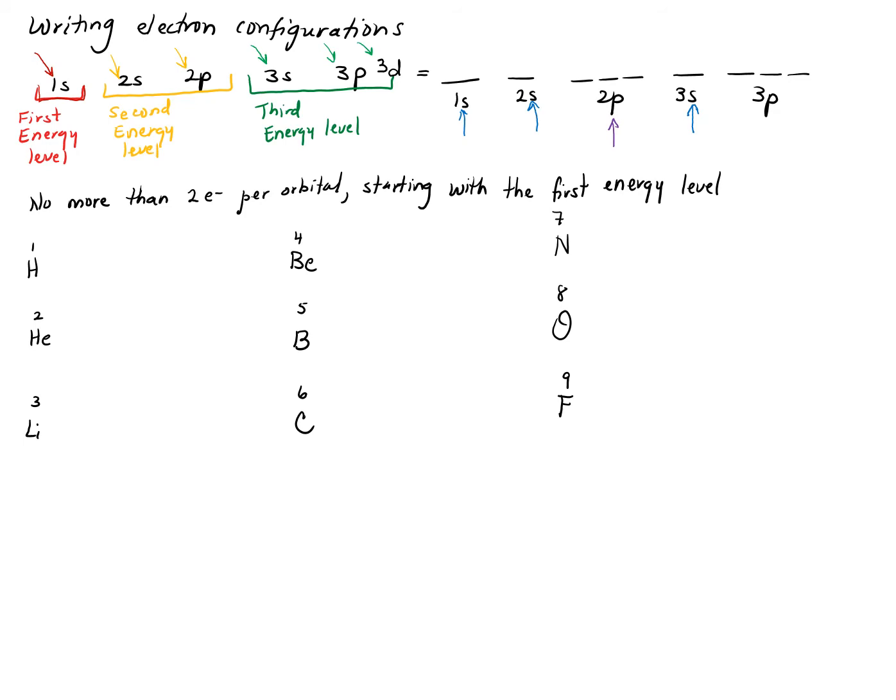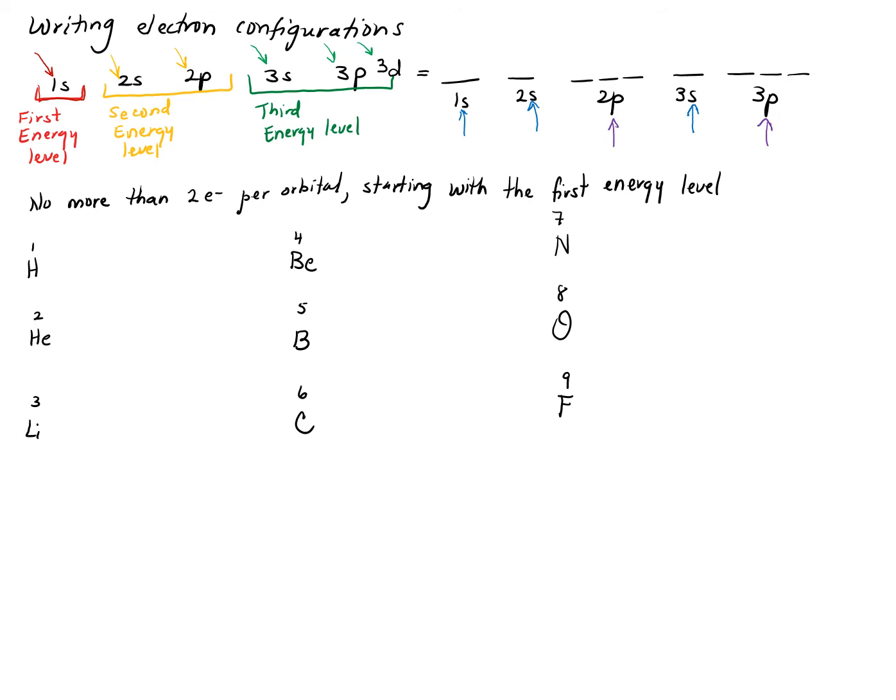And then on the third energy level, we have 3p. For your p orbitals, we have three lines because we always have three orbitals that are p orbitals. For the d orbitals on that third energy level, we always have five of them. So that will be five lines for the d orbitals.